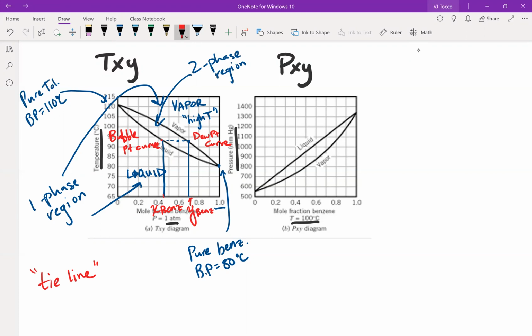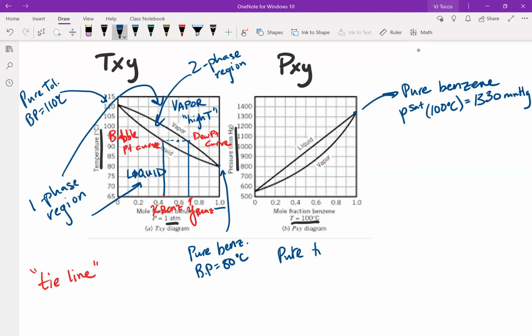Over on the Pxy diagram now, you can get pure component vapor pressures. So over on the right-hand side, I've got pure benzene, P star set at 100 degrees C is equal to 1330 mmHg, and pure toluene P set at 100 C is equal to 560 mmHg.